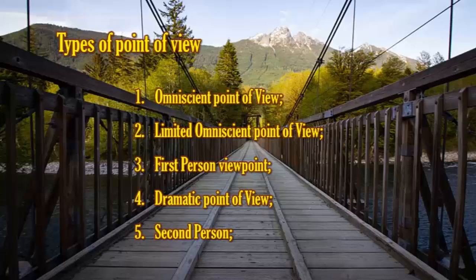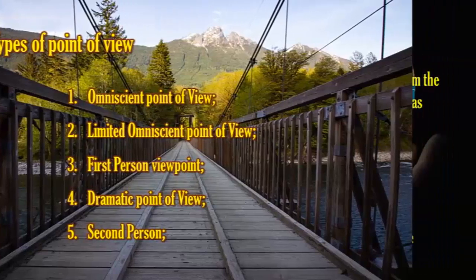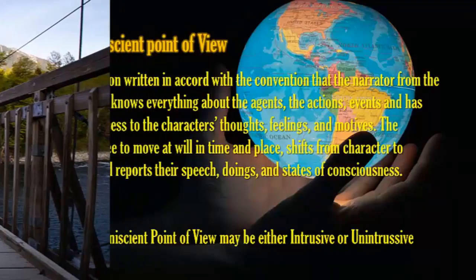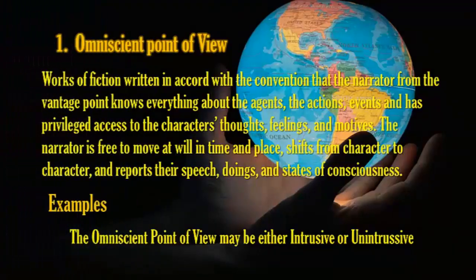Number four, dramatic point of view. Number five, second person point of view. So, we are going to discuss them one by one. Stay with me, please. Number one, omniscient point of view.